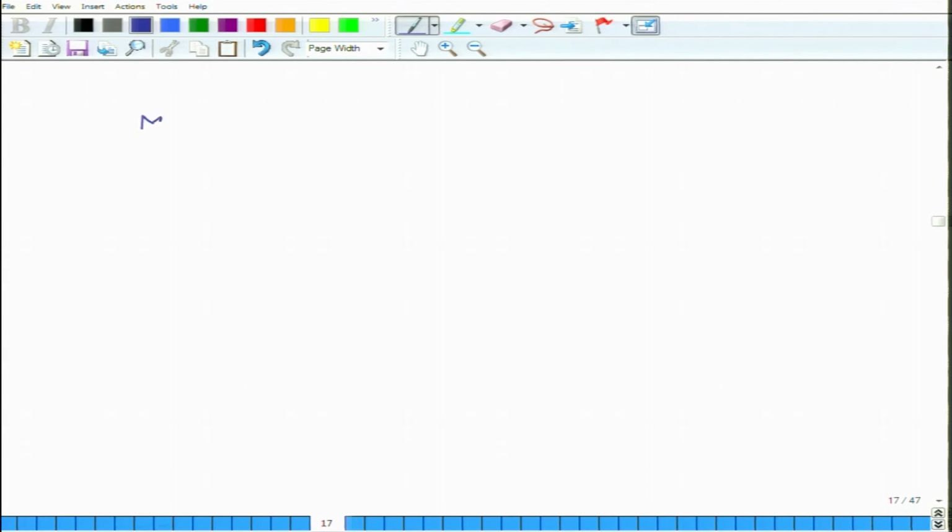So, let us look at this table. We have three columns.